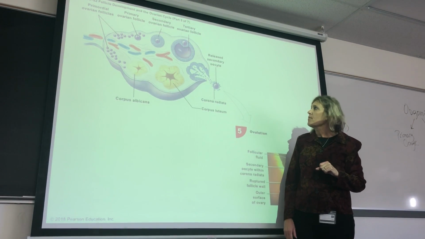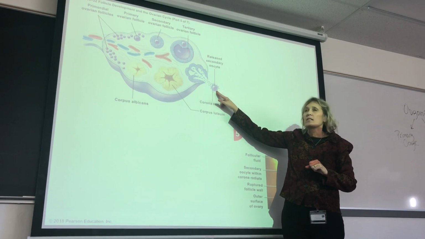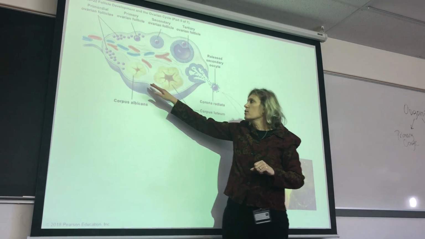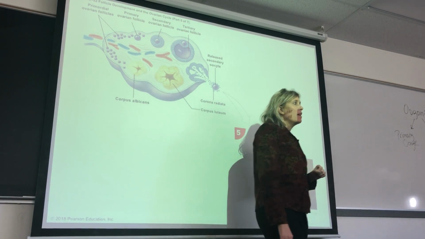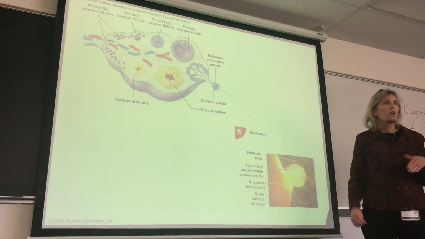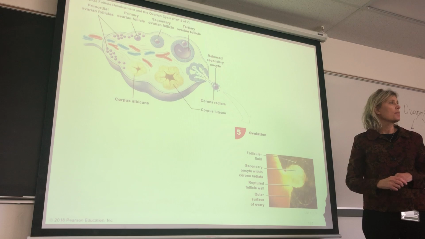Okay? If it doesn't get fertilized, if the secondary oocyte doesn't get fertilized, the corpus luteum then degenerates into what's called the corpus albicans, a white body. And the white body can't produce estrogens and progesterones, so estrogen and progesterone levels plummet.